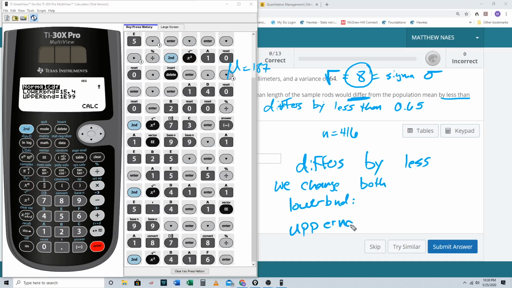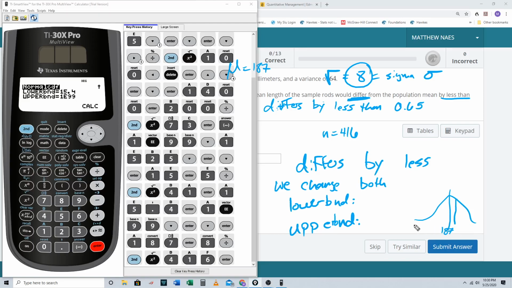It's different from what we did before. It's not like there's going to be just one number. We want to differ from the population mean by 0.65. So we have our population mean at 187, and we want to be different from it, which means we can be above it.